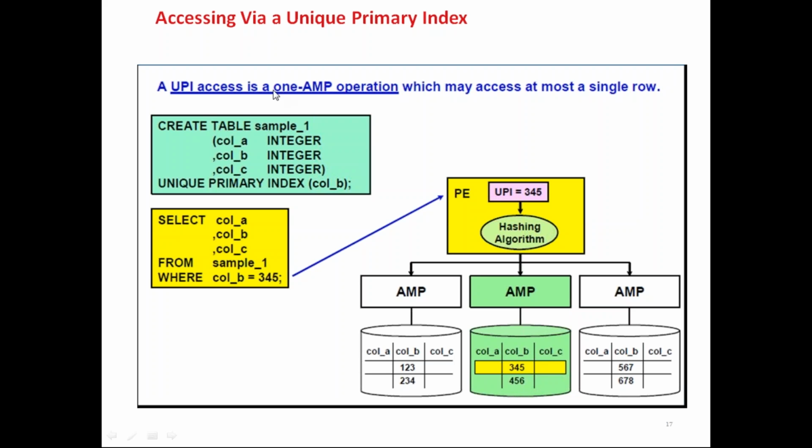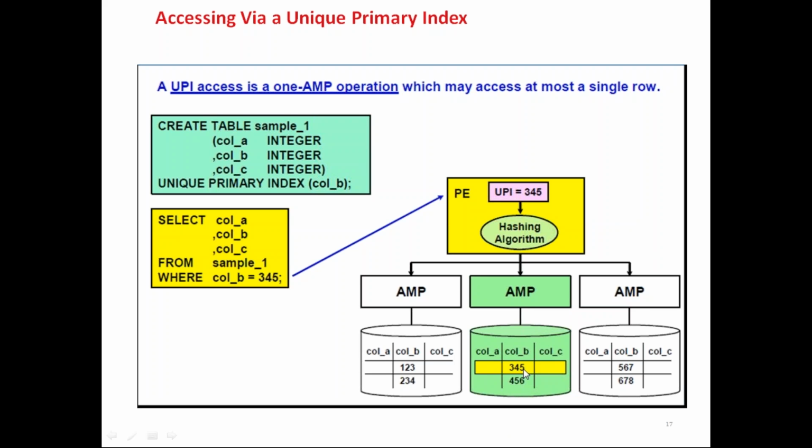Okay, so in the case of a non-unique primary index also, it is always a one AMP operation. So it is not only for a unique primary index but for a non-unique primary index also. You will achieve a one AMP operation because all the primary indexes which have the same value will generate the same hash value, and all these rows would be inserted in the same AMP.